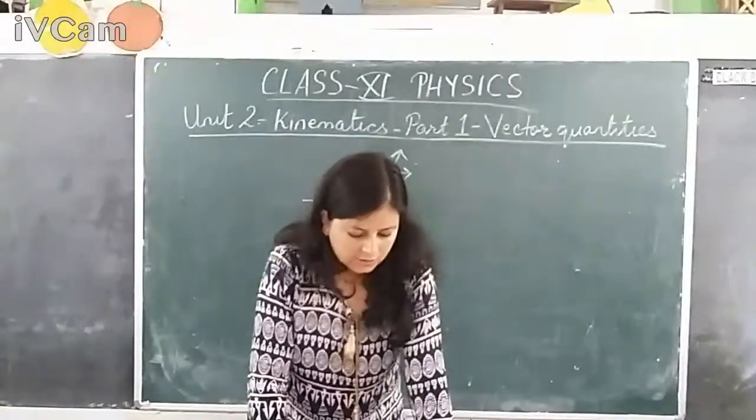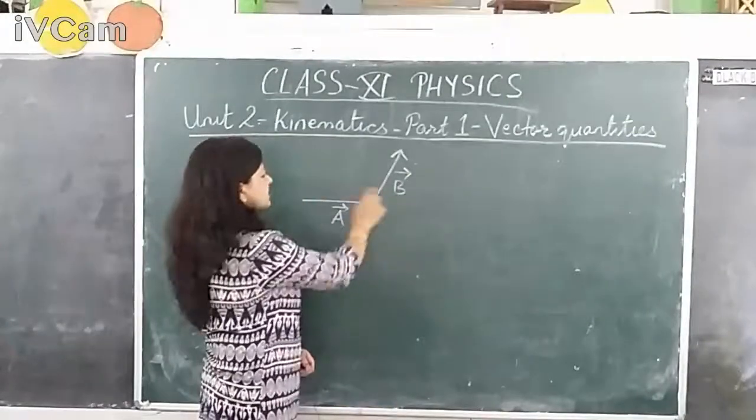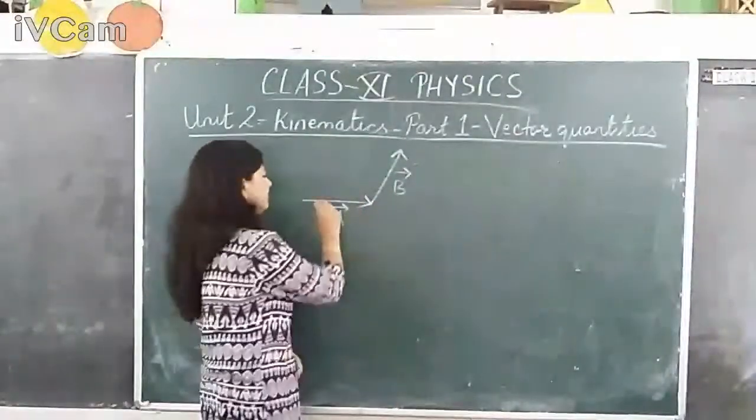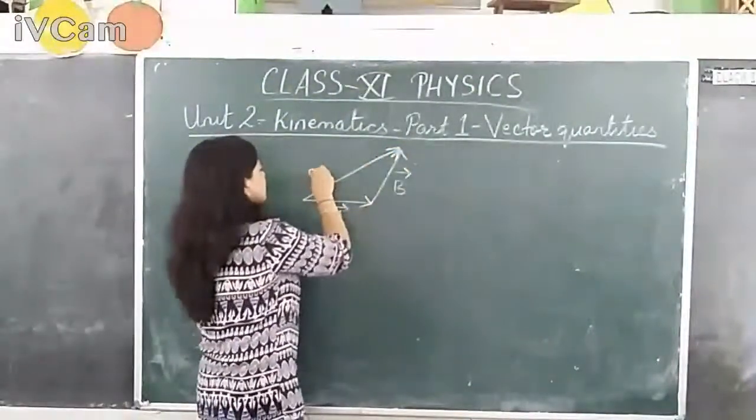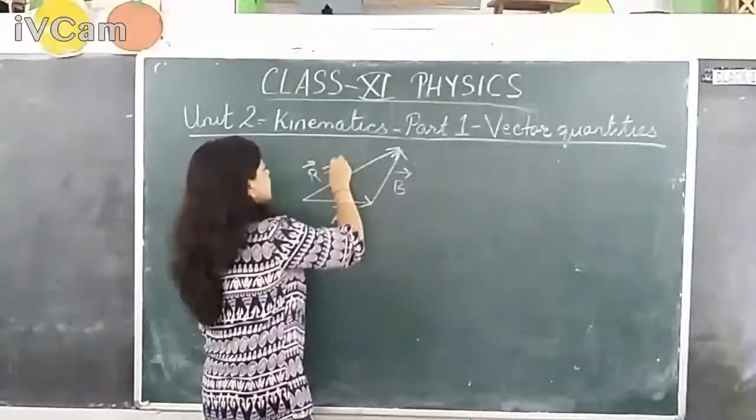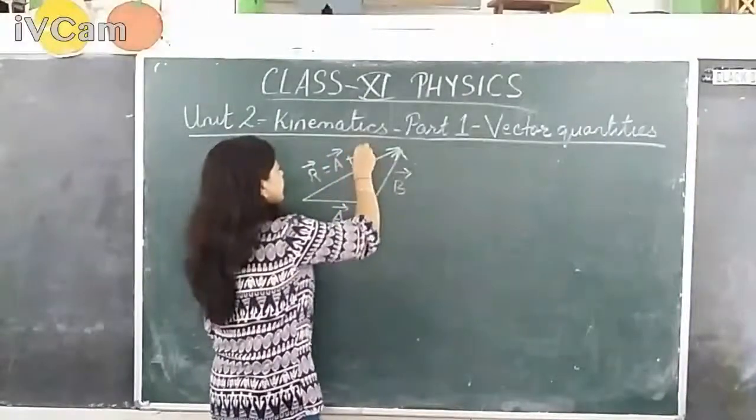Okay, so this is how you represent two and add them in the same diagram. I will just write R, where R becomes the resultant vector by adding A and B.